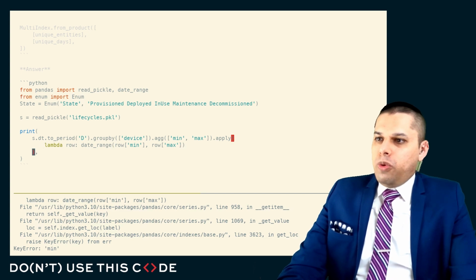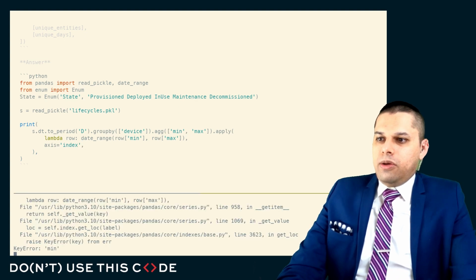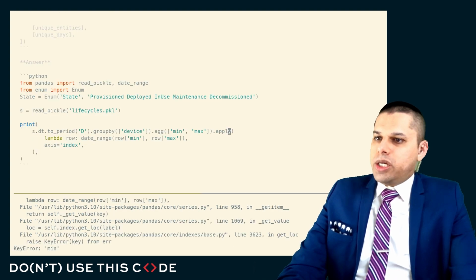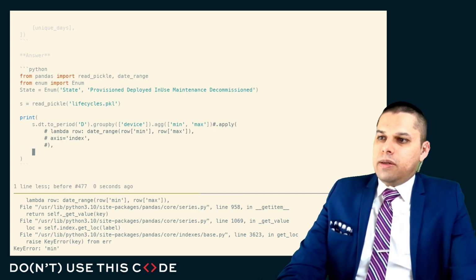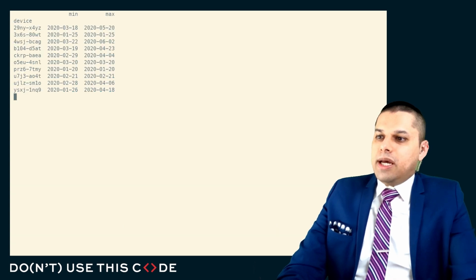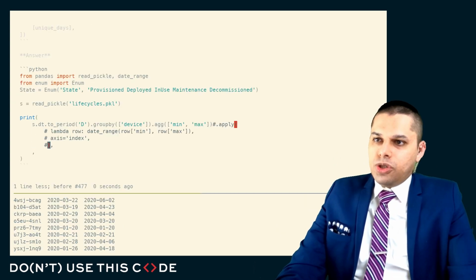Now here, we want to apply this on the index axis, I believe. So here, we want something like this. And let's just double check that that gives us the structure that we want. So here, we should have had a series object, or we should have a data frame now with a min and a max column. That's good.